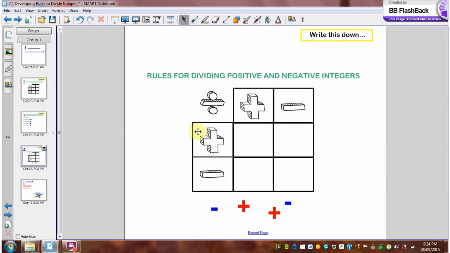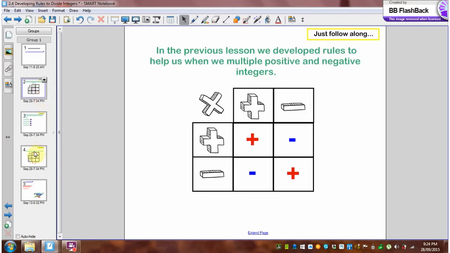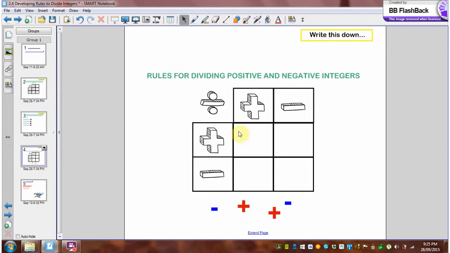We're going to quickly fill out this chart because, believe it or not, even though it's division, this chart is very, very similar to our multiplication chart. So with that being said, if we divide a positive number by a positive number, same sign, we're going to get a positive answer. If we divide a negative number by a negative number, filling in this block, a negative and a negative is the same sign, so we get positive.